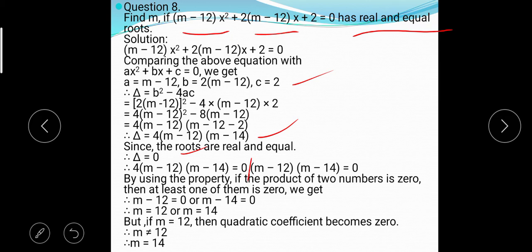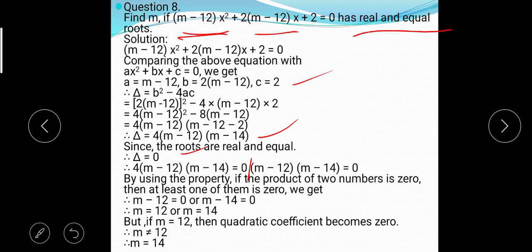So by using the property that if the product of two numbers is 0, at least one should be 0, therefore m minus 12 is equal to 0 or m minus 14 is equal to 0, and therefore m is equal to 12 or m is equal to 14. If m is 12, the quadratic coefficient becomes 0. Observe this equation.